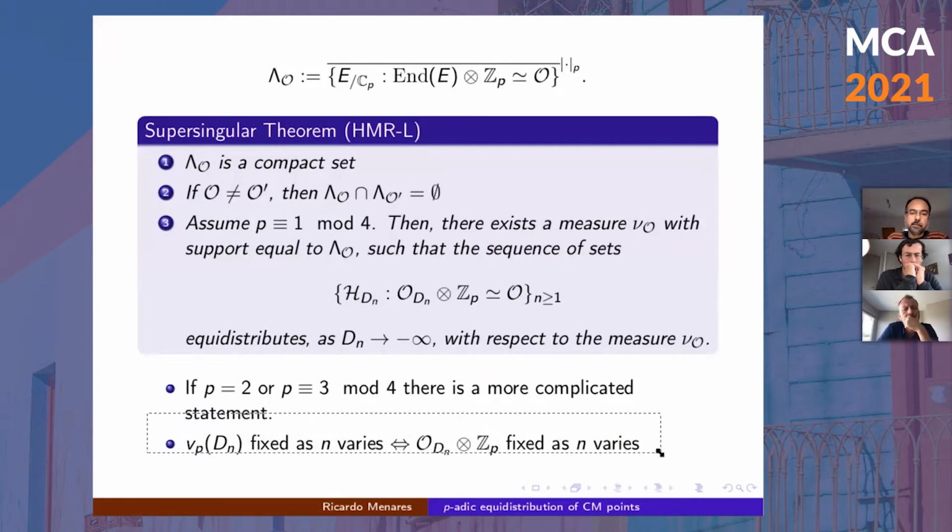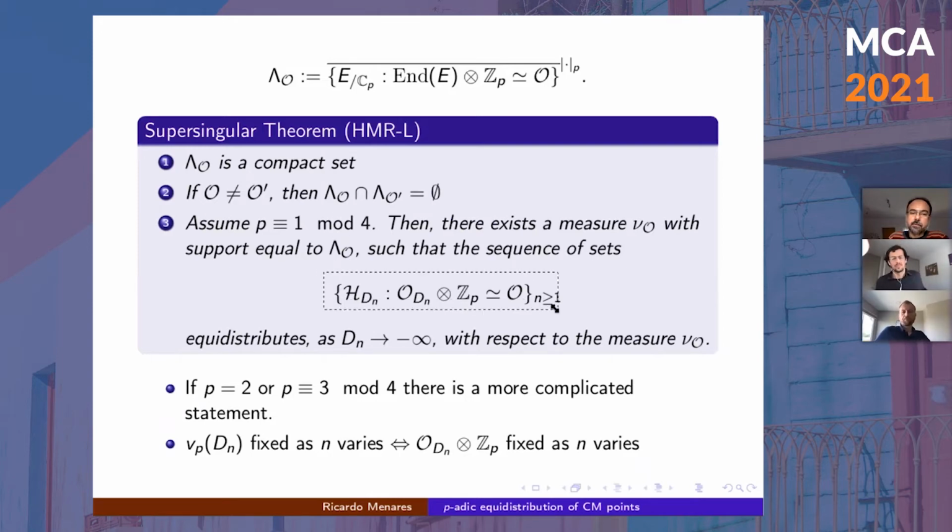And the other observation is that I said at the beginning that we were fixing the p-adic valuation of the discriminant. This is the same as fixing the p-adic completion of the order ODN. That's why this condition appears in this part of the statement.